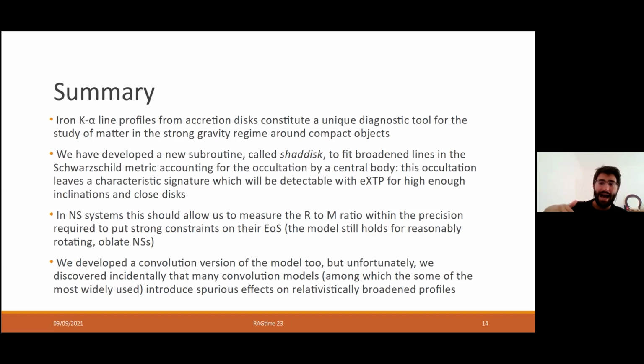Now, in principle at least, you can add, I don't know, 15 iron lines and then let them blend, but it doesn't have the same efficiency. The problem is, as I was saying, these convolution spurious effects that we found in XSPEC's routines themselves are as large as 5%. So in some points it is even 10% of the flux.